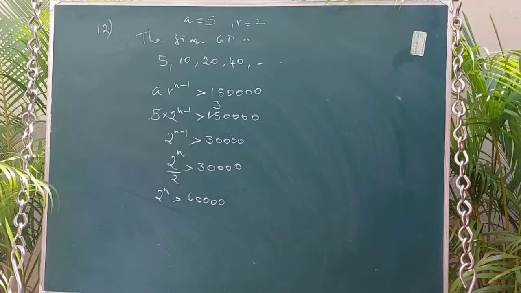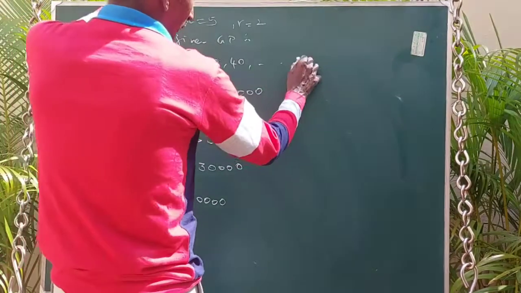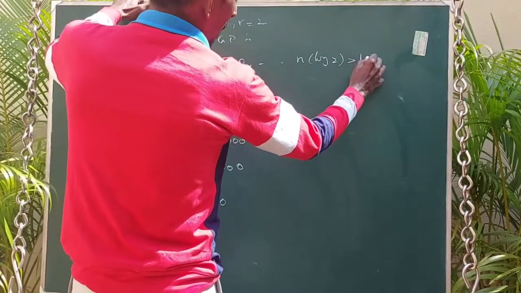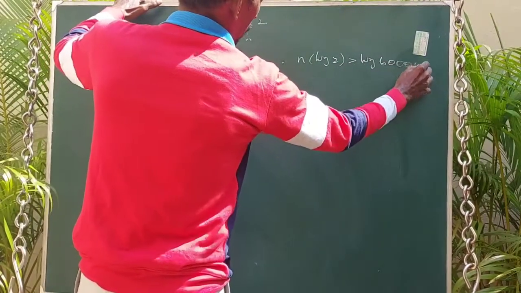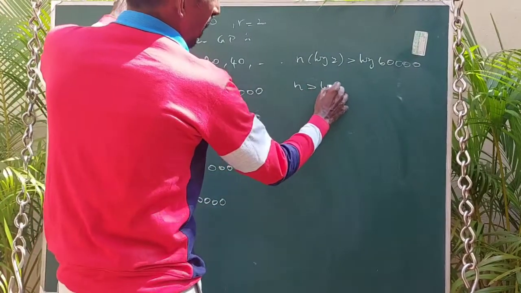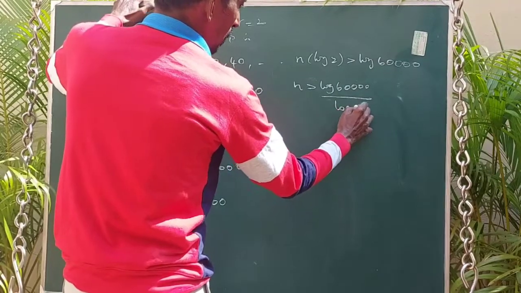Okay. So if we take log on both sides, here we are getting n into log 2 is greater than log 60,000. Okay. So just to find out, n is greater than log of 60,000 by log 2. Okay.